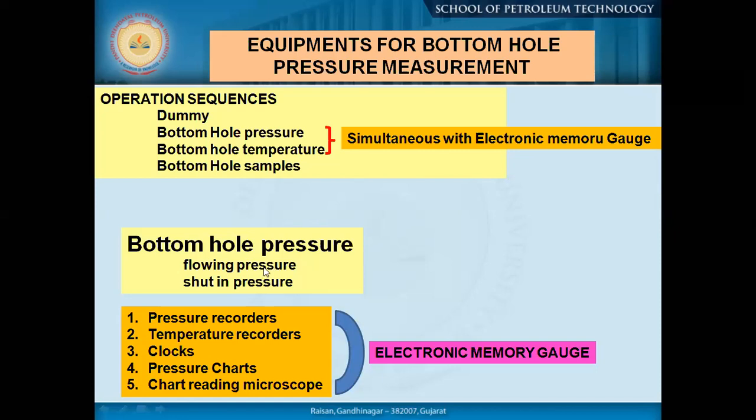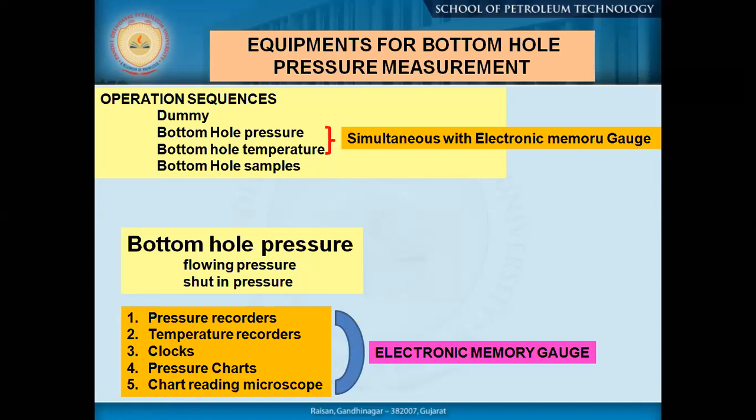Sir, what's the meaning of dummy actually? Dummy is actually any scrap thing, not in working condition, which is just to see that your downhole depth is clear or not, because in the well you may encounter so many problems. Let's say in between, wax has been deposited and you don't know. If you lower down your instrument, sometimes it gets attached to the wax and you cannot pull it up afterwards.